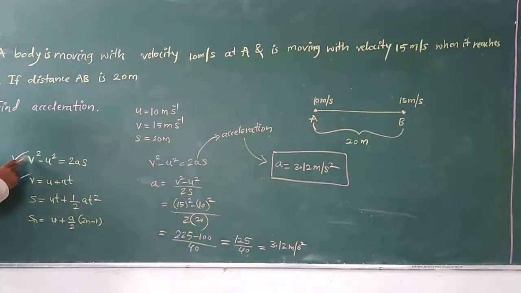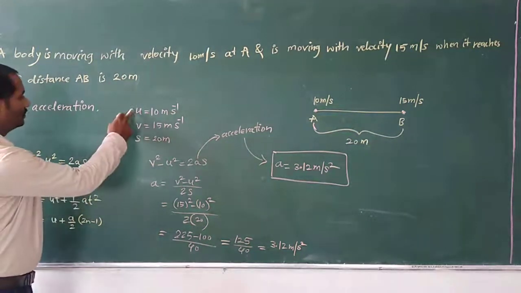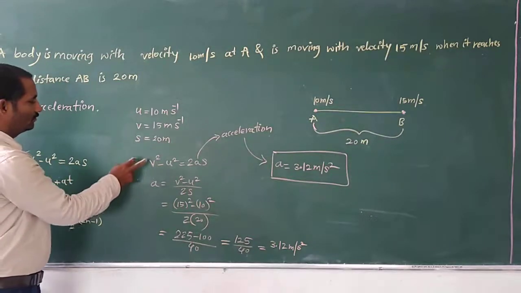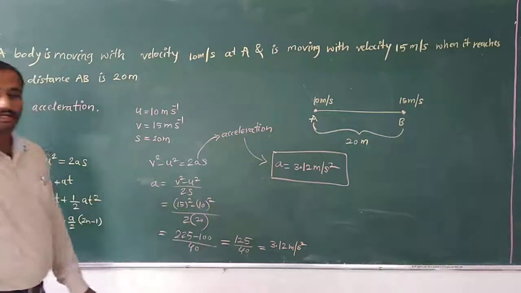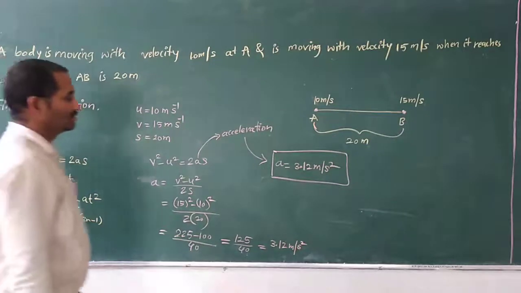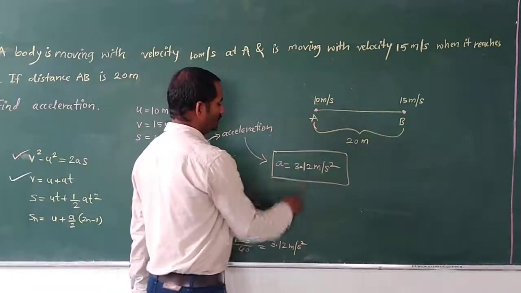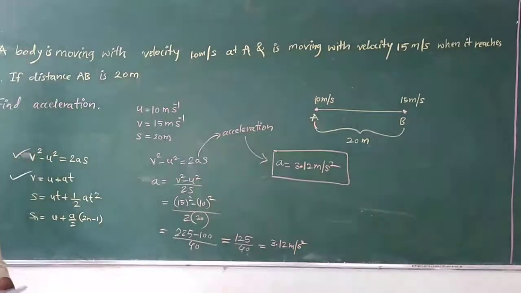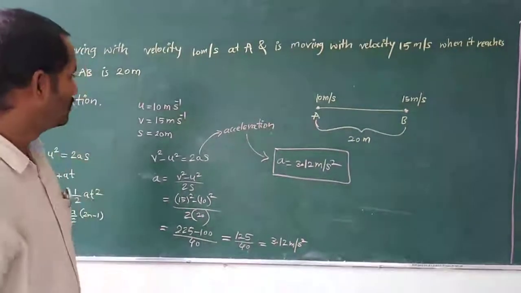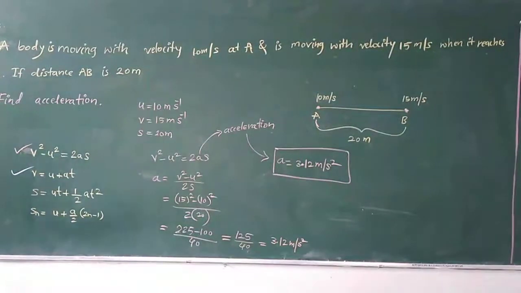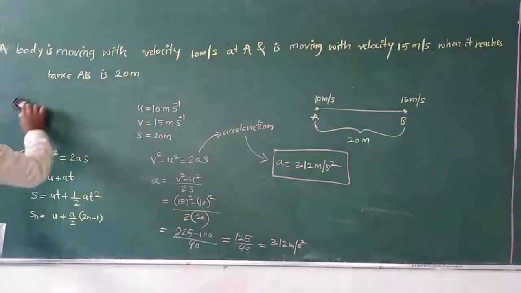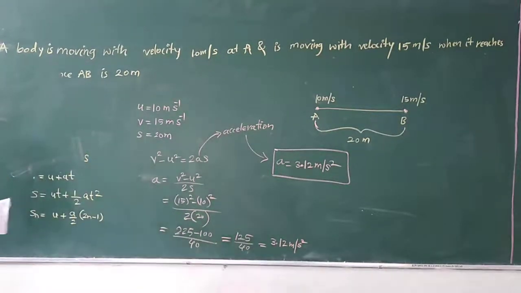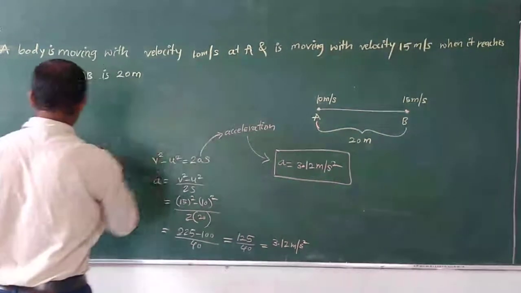So we have the formula v square minus u square is equal to 2as. We know u, v and s, so we will put all the values in this formula. Then we will get acceleration. So the acceleration we got is 3.12 meter per second square. So तर एवढंच लिहून घ्या. त्याच्यानंतर we will move to next formula.